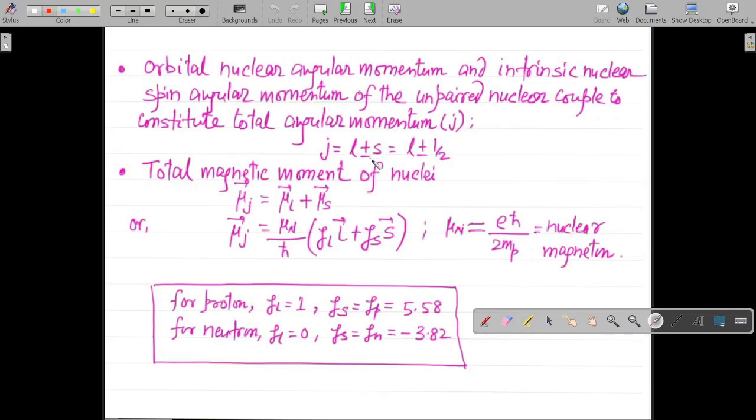When you add L and S together, the coupling of L and S gives you the value of J.